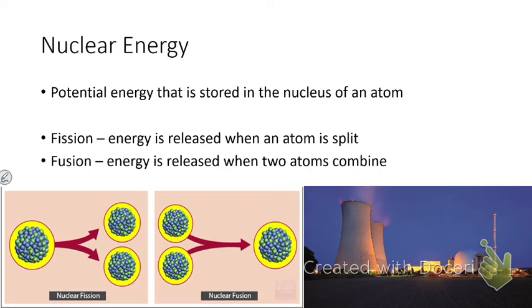Again, this is potential energy, which is stored in the nucleus of an atom. So when we split an atom into two smaller elements, kind of like a decomposition reaction, energy is going to be released. And when two elements combine in nuclear fusion, that's what occurs in the sun. Fission is usually like nuclear reactors.